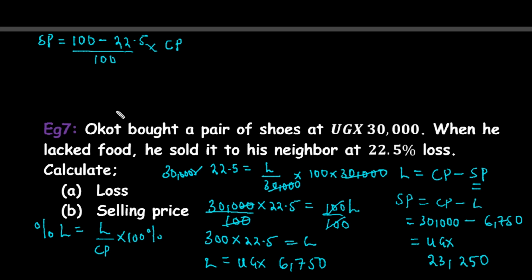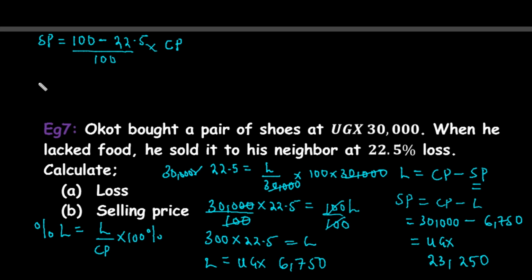Is that okay? Remember, a loss is a reduction in what? In the cost price. A loss, there is a reduction in the cost price. That's why you are going to say that selling price is equal to 100 minus the percentage of the loss out of 100. And we said that for the profits, we say selling price is equal to 100 plus because there is an increment. But for the loss, we subtract.